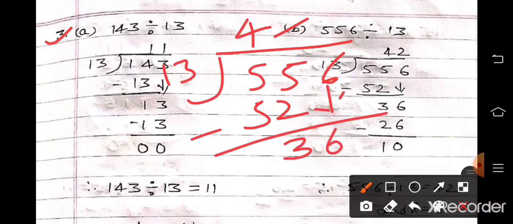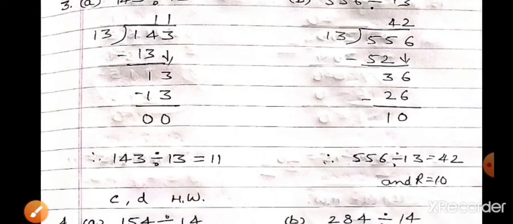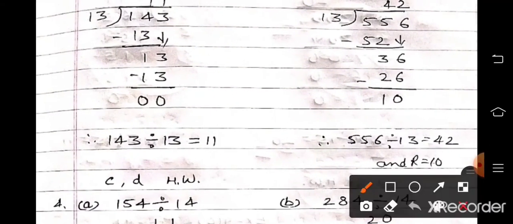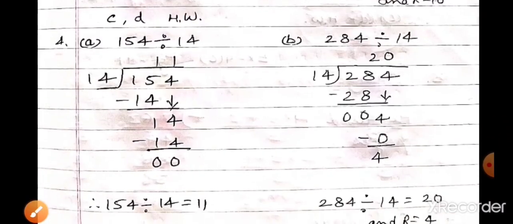Now 13 ones are 13, 13 twos are 26. Subtract. Okay, now here the answer is 42. Quotient is 42 and remainder is 10. Okay, now C and D is your homework.